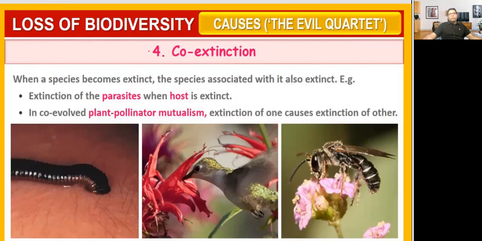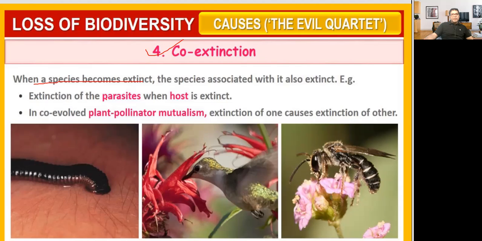Now, the next term is co-extinction. What do you mean by co-extinction? When a species becomes extinct, the species associated with it also become extinct, because there is a mutual relation between two species. If one species is becoming extinct, the other species which was totally dependent on that species will also become extinct. This is called co-extinction.